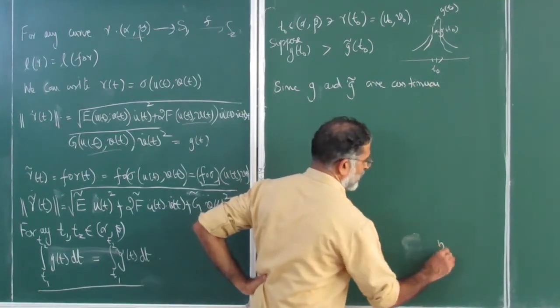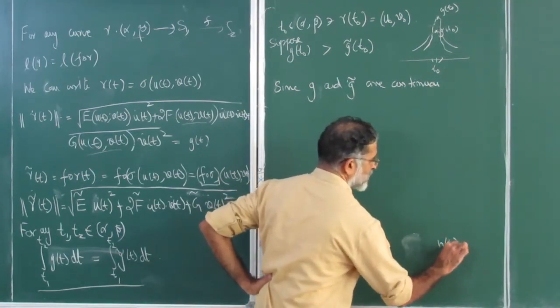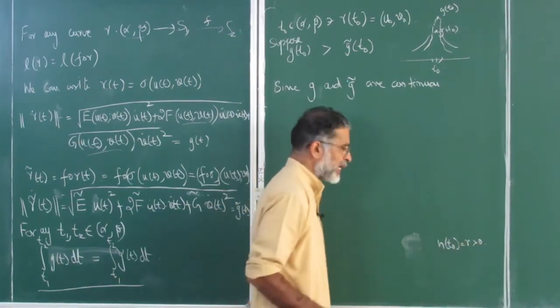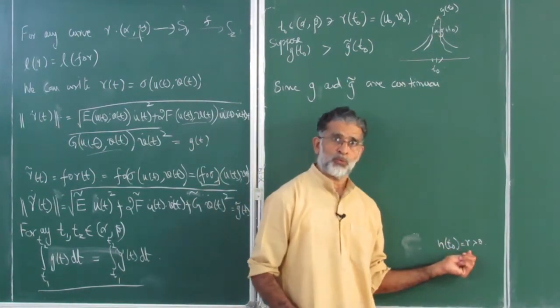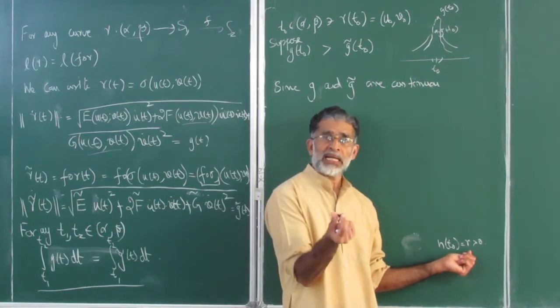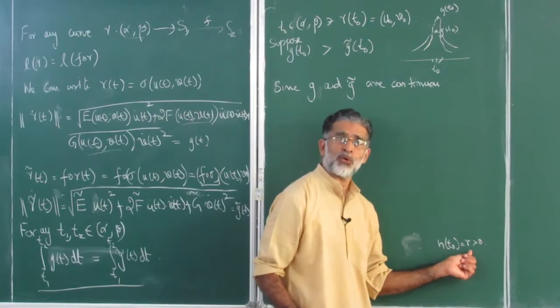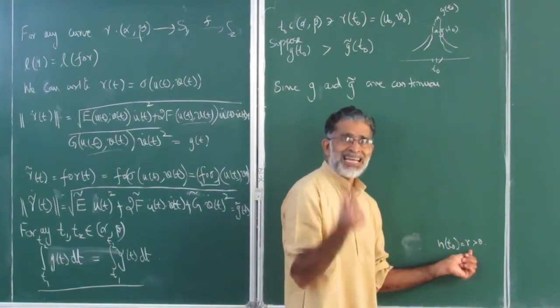Let me write h of t naught equal to some r that is positive. Then take your epsilon to be r by 2. Then there is a delta neighborhood in which the distance from h t naught to h t is less than r by 2.